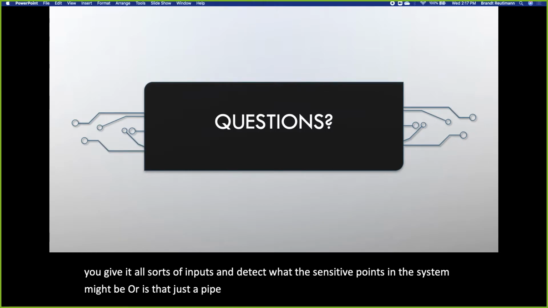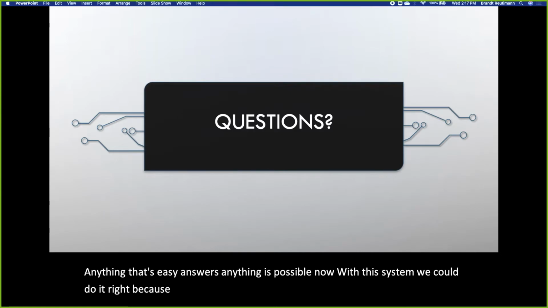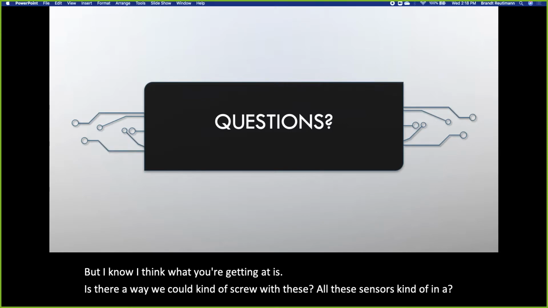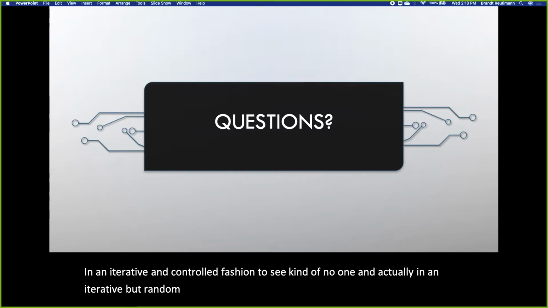Oh, it's definitely possible. The cheesy answer is anything's possible. No, with this system we could do it, because we designed it to be modular. I think what you're getting at is whether we could mess with all these sensors in an iterative, controlled fashion, or rather an iterative but random fashion, to detect interdependencies.